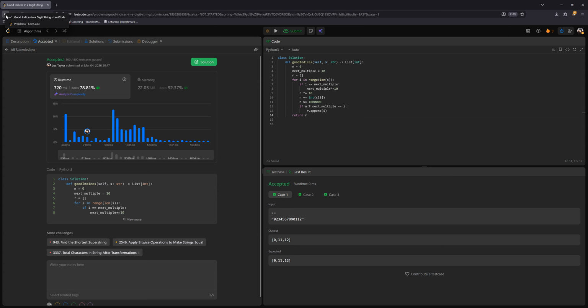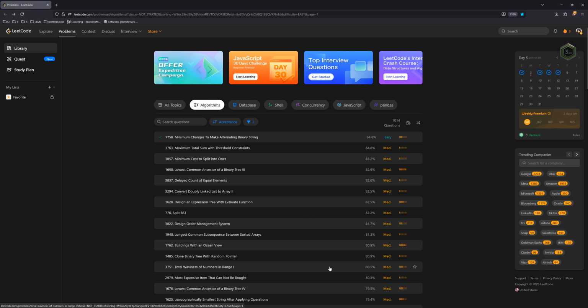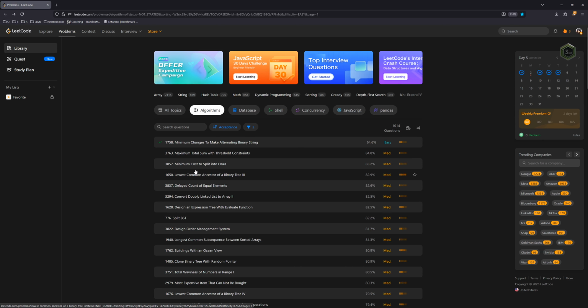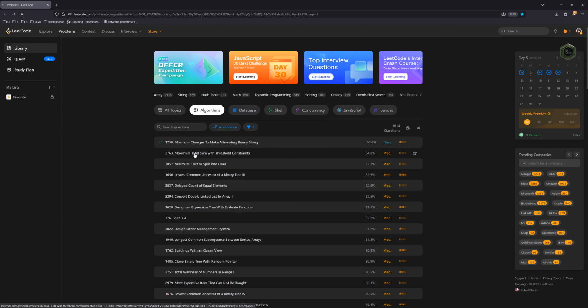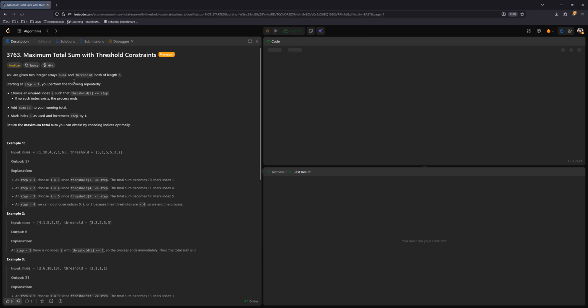Okay, let's go back to the problem list. All right. Did this update? Minimum total sum with threshold constraints. Okay, you're given two integer arrays, nums and threshold, both of length n. Starting at step equals 1, you perform the following repeatedly.